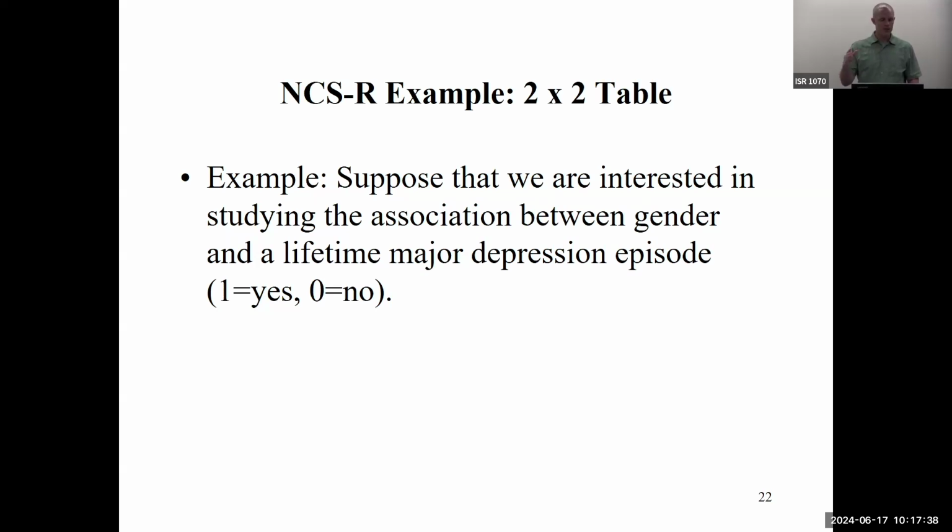There's an actual clinical diagnosis coming from the survey of whether or not you qualify as having had a lifetime major depression episode. Based on the questions asked in the survey, we can come up with an indicator of whether or not you've ever experienced this in your lifetime. The goal of looking at the 2x2 table is to see if there's an association between gender and this binary indicator. That's our research objective here.